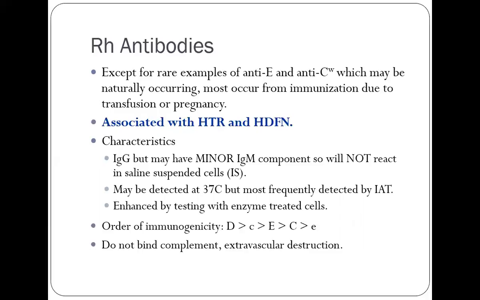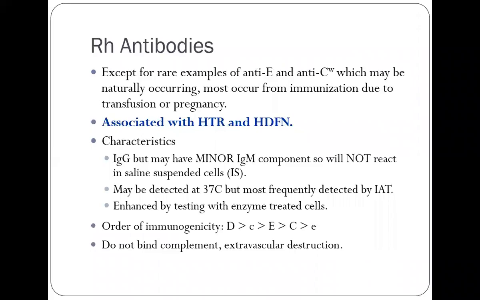They're very significant. The key characteristics about Rh antibodies is that they're primarily IgG. They might have a minor IgM component. So they should not be reacting at immediate spin of saline suspended cells, because that's a room temperature phase.